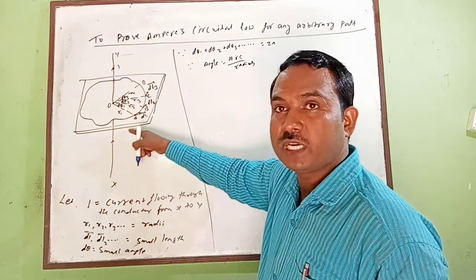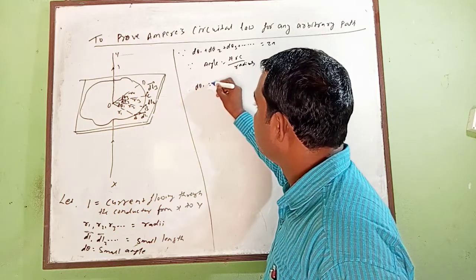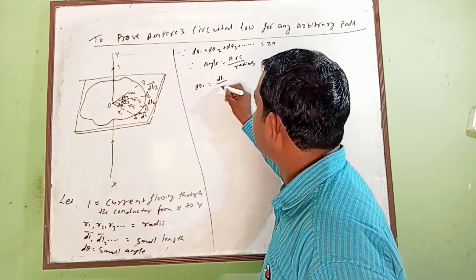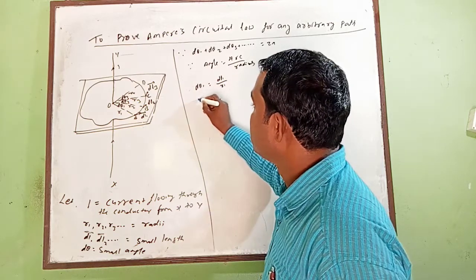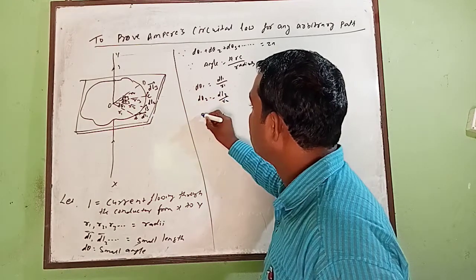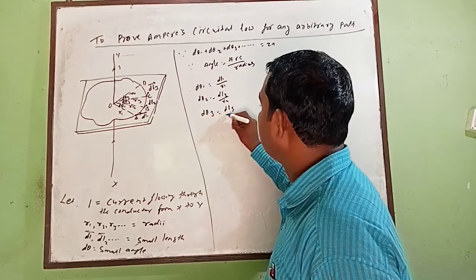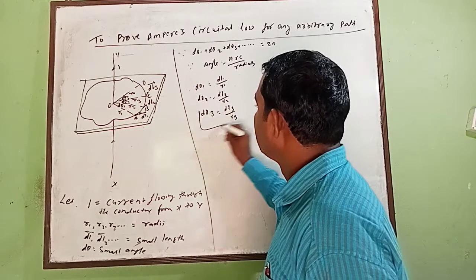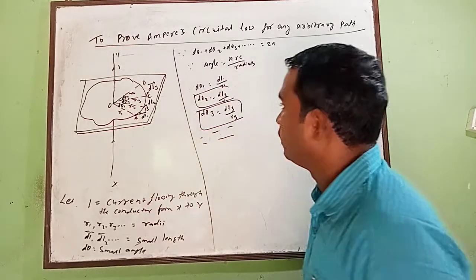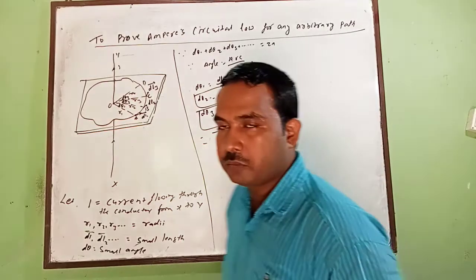According to that, we write d theta 1 equals arc dl1 by radius r1. Similarly d theta 2 equals dl2 by r2, d theta 3 equals dl3 by r3. These are the values of the angles. Is it clear?